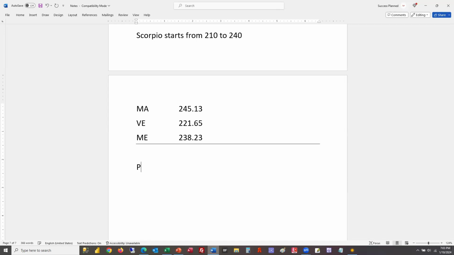So when we say planet significations, the first one is the occupancy, meaning where is the planet placed? Or we can even say which house the planet is placed.